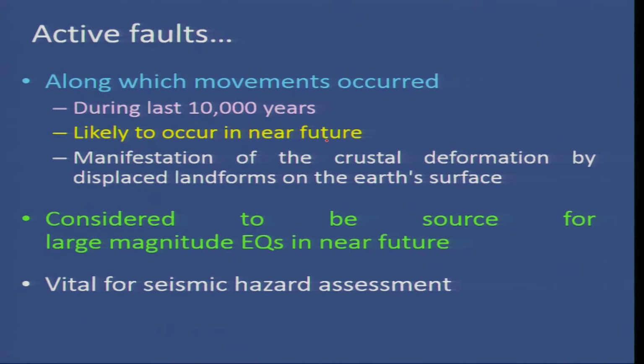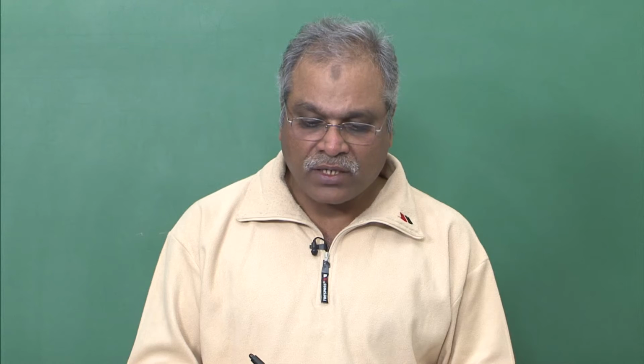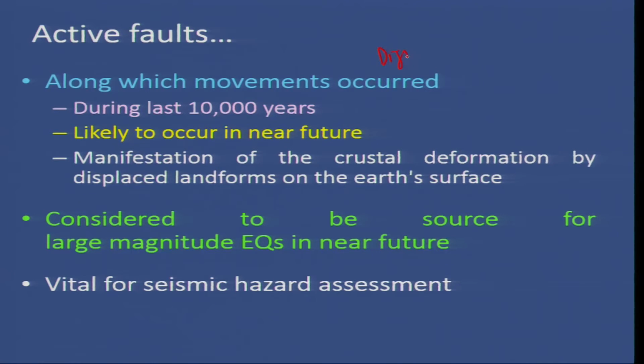Recently the Ministry of Earth Sciences has floated a program of mapping active faults in the Himalayas, the Kutch region and so on, so that we can come up with a digital active fault map of the Himalayas and Kutch region, because these are the areas where we have experienced large magnitude earthquakes during the recent historic past.